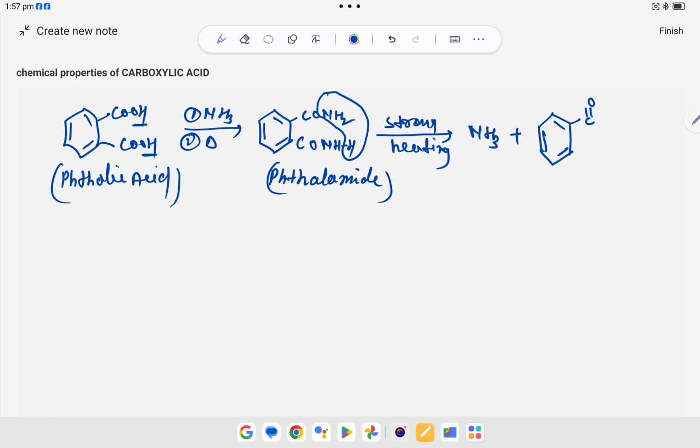C double bond O, C double bond O, NH, phthalimide. In amine chapter, this phthalimide will be used in the very famous reaction, Gabriel phthalimide synthesis.